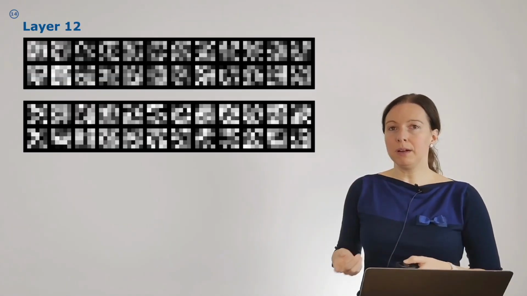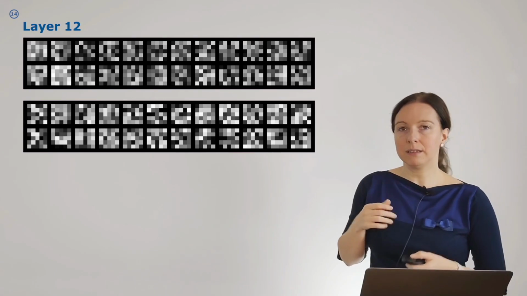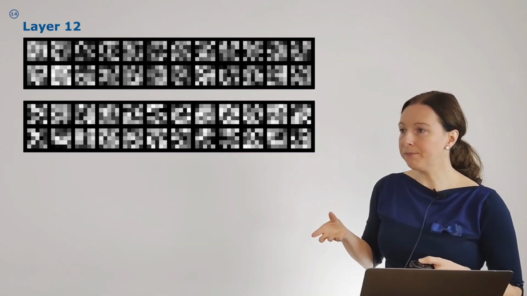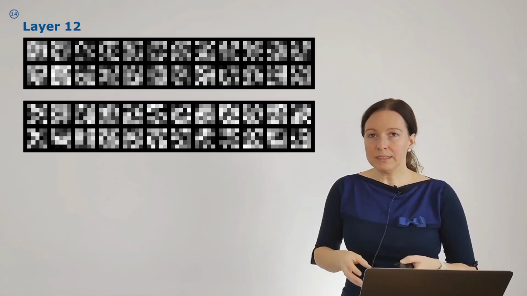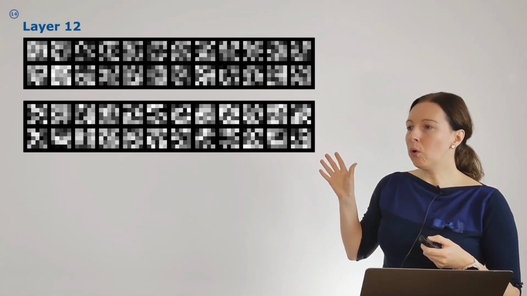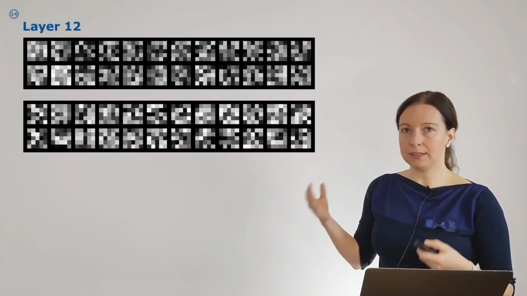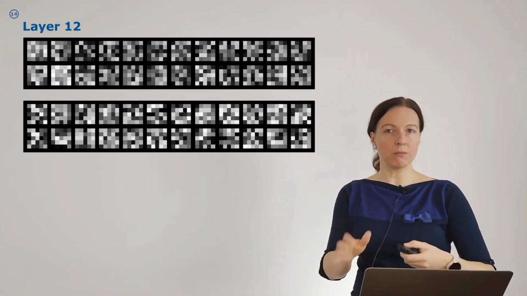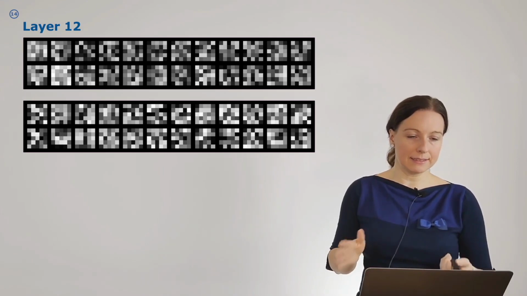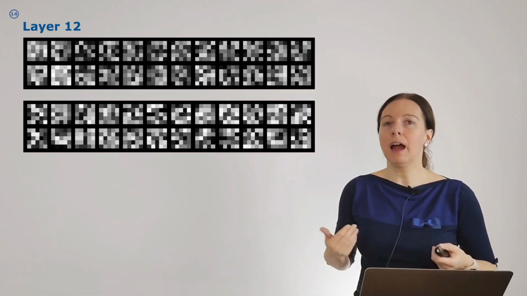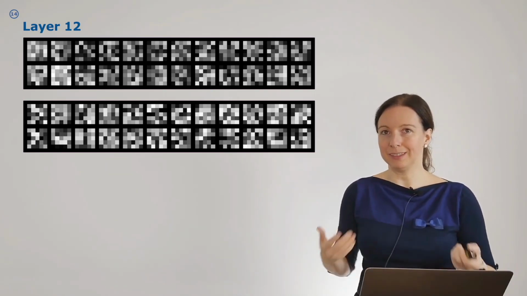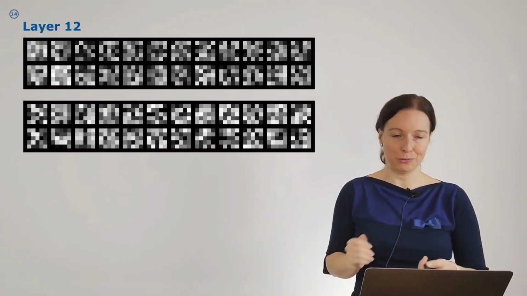If we go deeper, and in this case we made the filters a little bit larger, 5 × 5, it's more complex. It's not these basic structures anymore, and it's not immediately clear how to get insights from the weights. Actually, for me it's difficult to see.